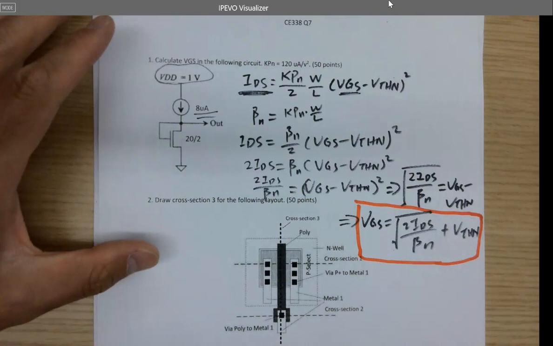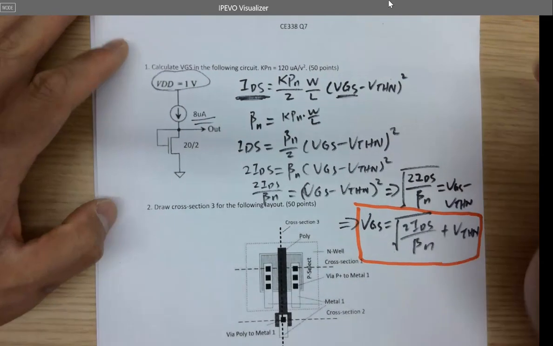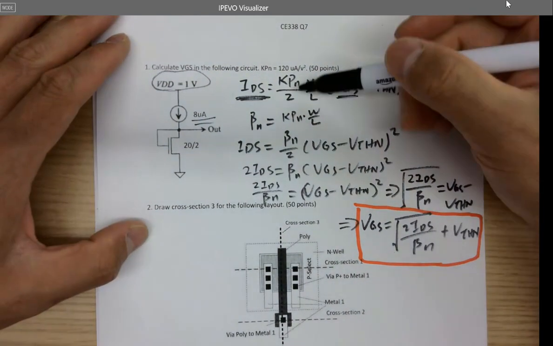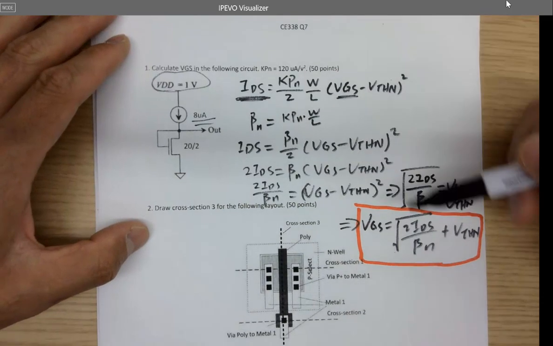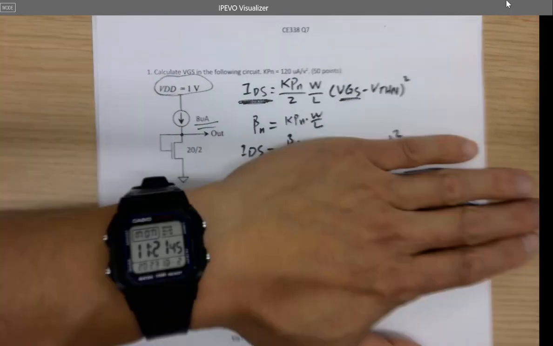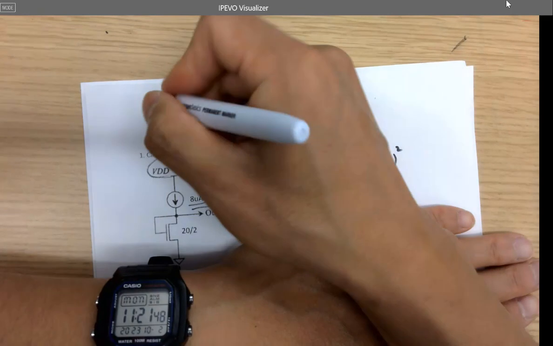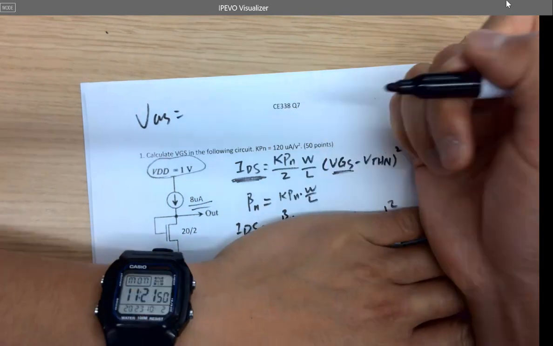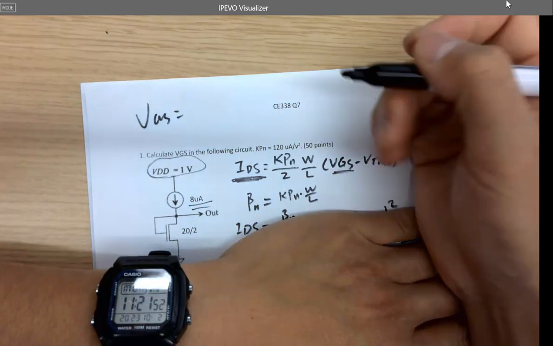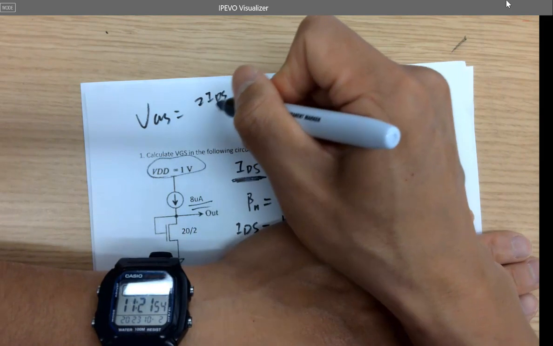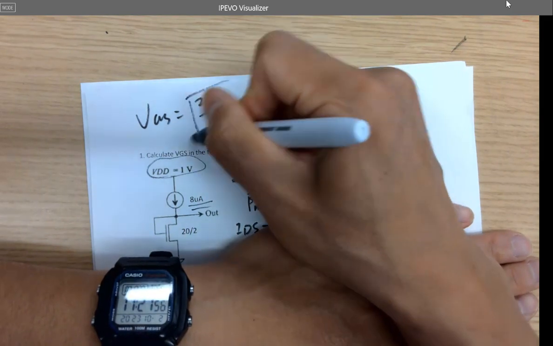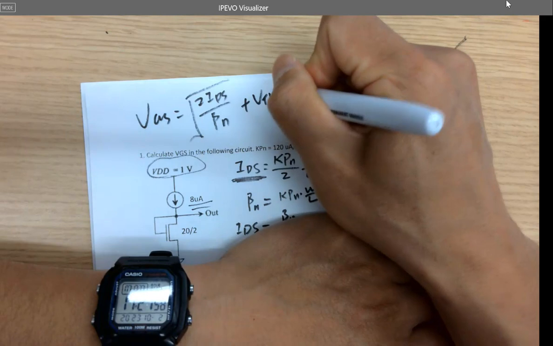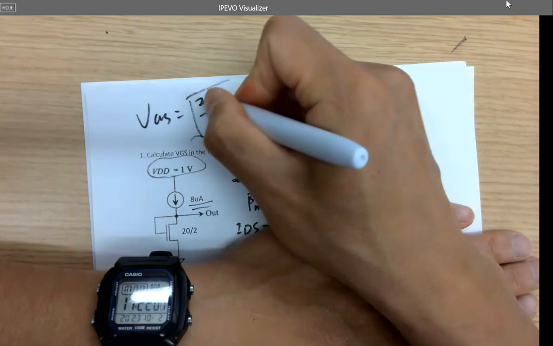Next time, if I give you an ID and ask you for VGS, you shouldn't go through the process again. It takes so much time. You should directly just write it here. So what is VGS? It's square root of 2 IDS over beta N, plus VTHN, right? Try to memorize it.